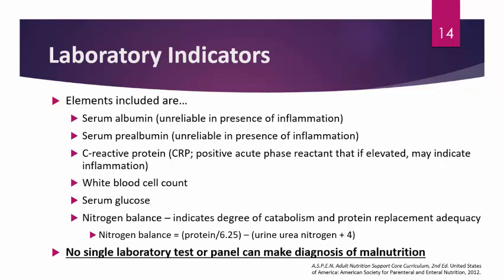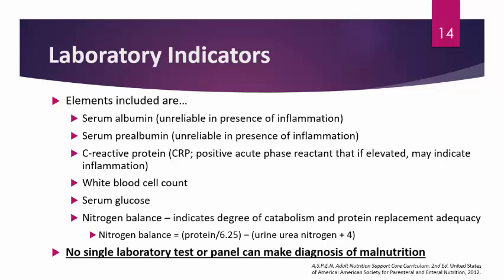Nitrogen balance is equal to your grams of protein over 6.25, minus your urine urea nitrogen plus 4. Something that's important to note here is that this actually has to be done with a 24-hour urine collection, which makes it a little bit more difficult to do.